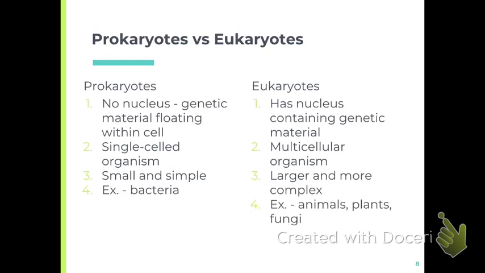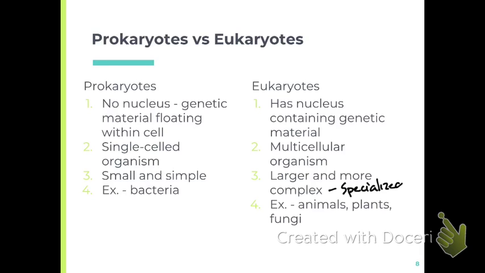Eukaryote means after, like after the cells start developing. They have a nucleus that contains genetic material like DNA. They're multicellular organisms. They're larger and complex. The cells are also specialized.